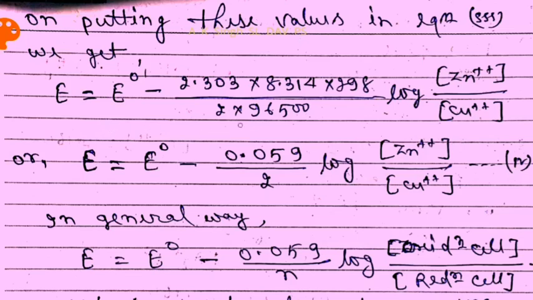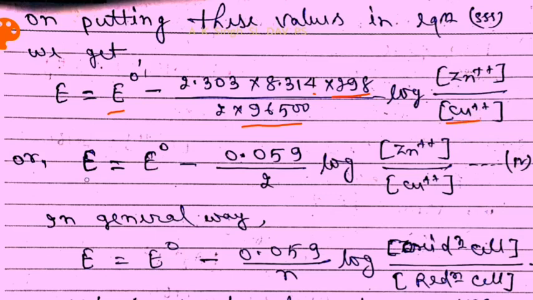If we put them in the equation, then we get E is equal to E naught, meaning electrode potential is equal to standard electrode potential minus 2.303 into 8.314, that is the value of R. 298 is the value of temperature at 25 degrees Celsius, and 2 is the number of electrons. 96,500 is the value of F, and then log on base 10 of the concentration of the oxidation cell, meaning zinc sulfate, by the concentration of copper ion, meaning copper sulfate.